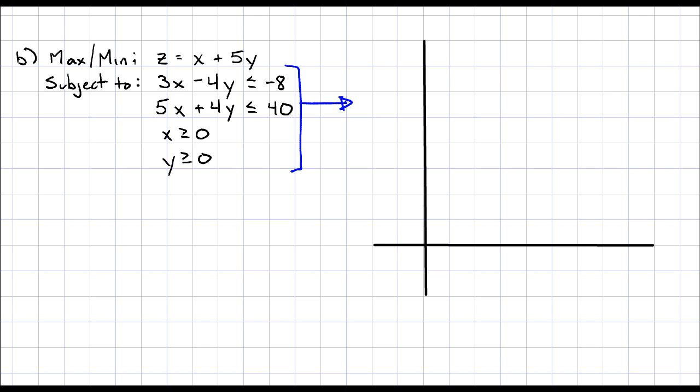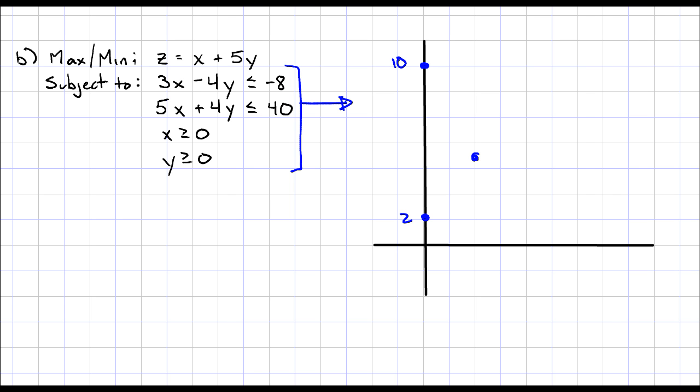We actually saw an example very similar to this in section 5.2, but the feasible region I end up with is going to look like this.